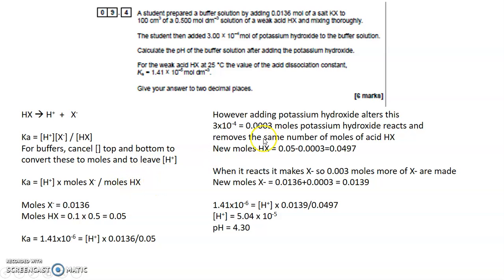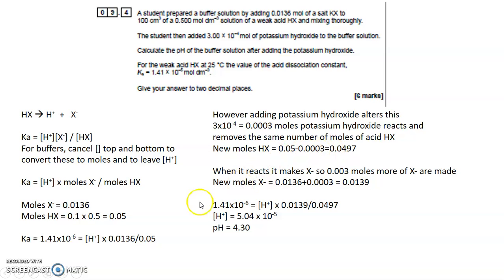HX is my acid and potassium hydroxide is a base. It reacts away 0.0003 moles of HX. So my HX, instead of being 0.05, is 0.05 take away 0.0003, which has been reacted away by reacting with the potassium hydroxide.